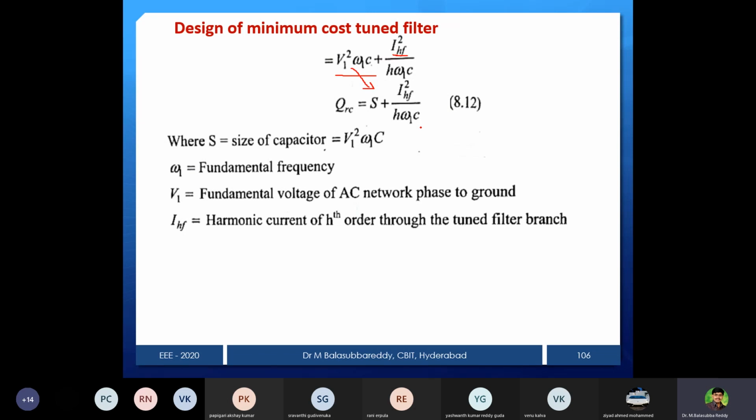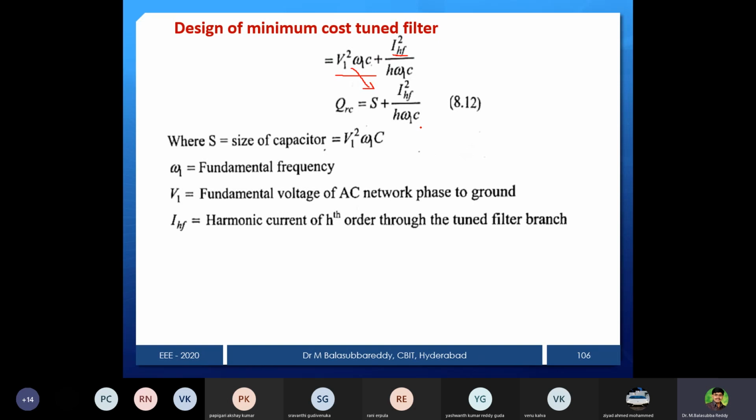Omega 1 is the fundamental frequency, V1 is the fundamental voltage of the AC network, and IHF is the harmonic current. So I represent the current and H is the harmonic order. That is what order we can replace later. I want to reduce our harmonic quantity, maybe 5th order or 7th order or 11th order, depends. Suppose in any specific converter, based on the pulse number, the lower order is going to change.